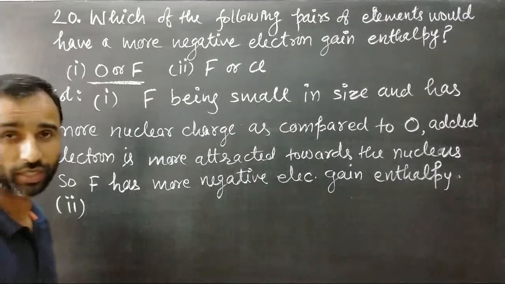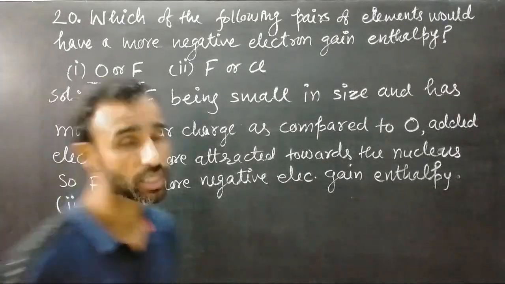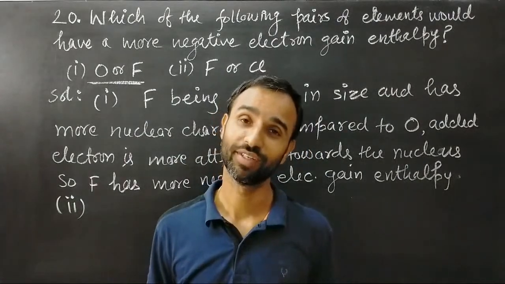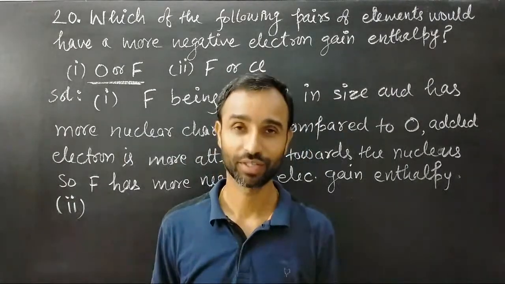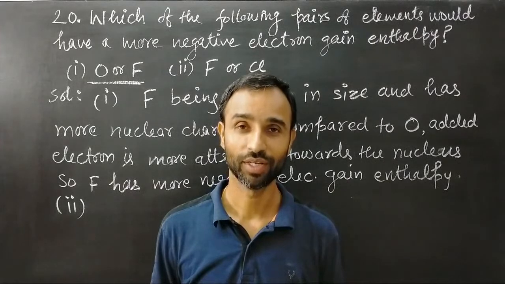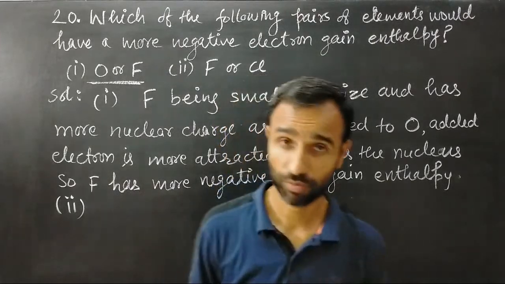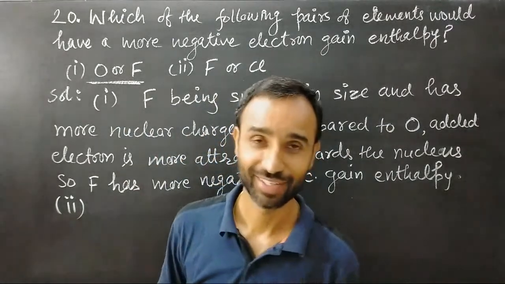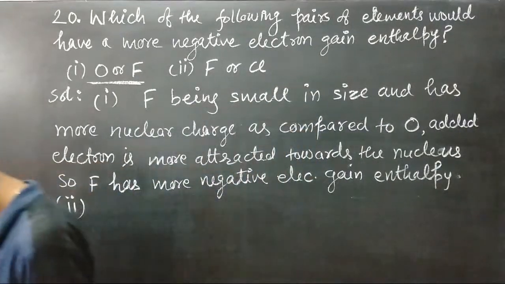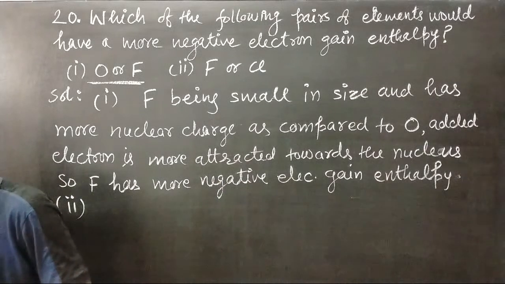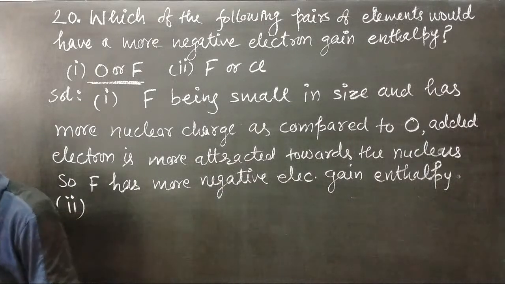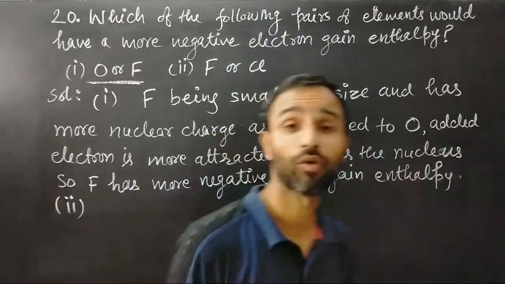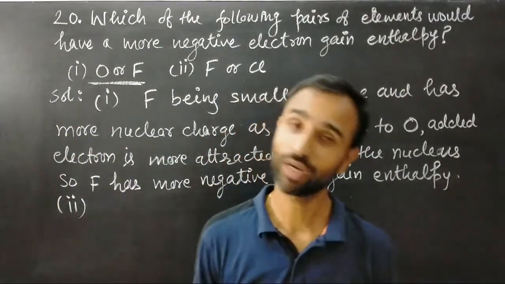As we go down the group, chlorine is larger in size than fluorine. So in case of fluorine, electron gain enthalpy should be more negative. But you said chlorine, so which is right? Anika, very good. Ralam, great. All of you said chlorine. But the question is why? Why chlorine?